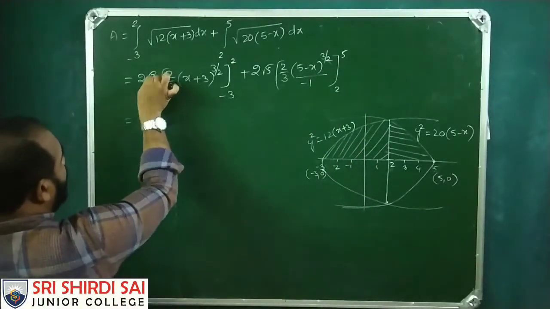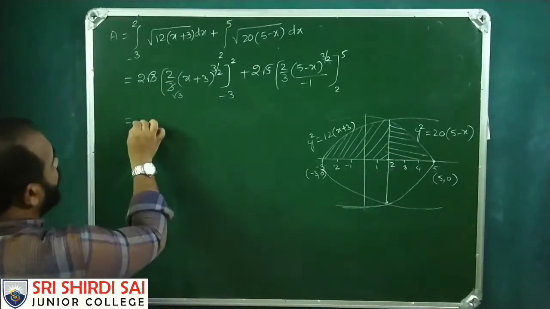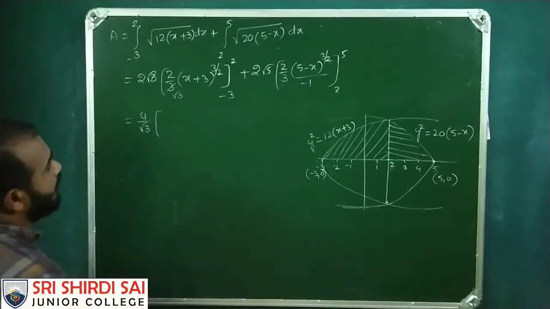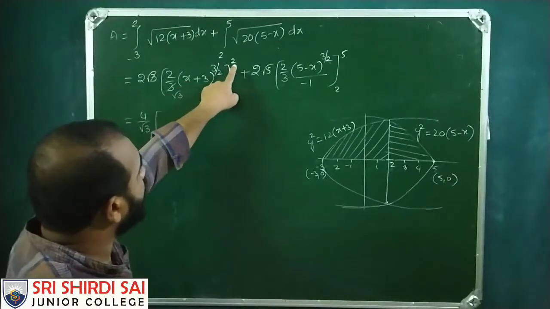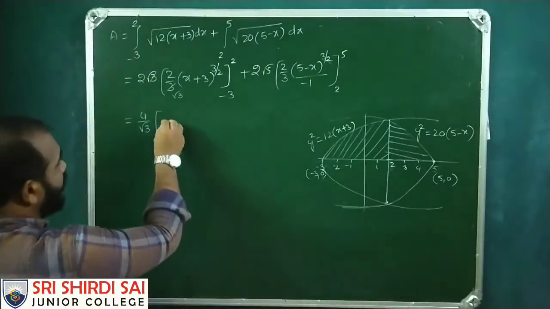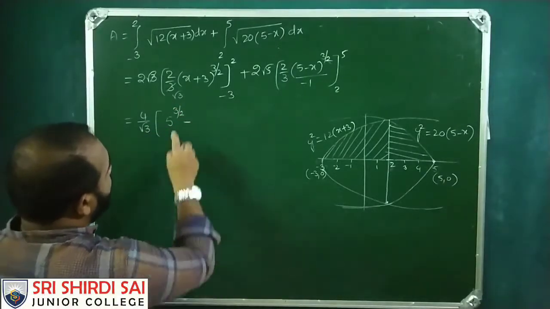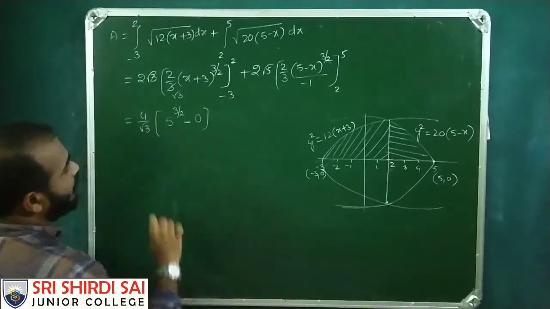This root 3 cancels with root 3 times, so 2 2s are 4 by root 3. Now apply the upper limit. So x value is 2 plus 3, 5 power 3 by 2, minus lower limit, x is minus 3 plus 3, so it will be 0, whole power 3 by 2 is 0.